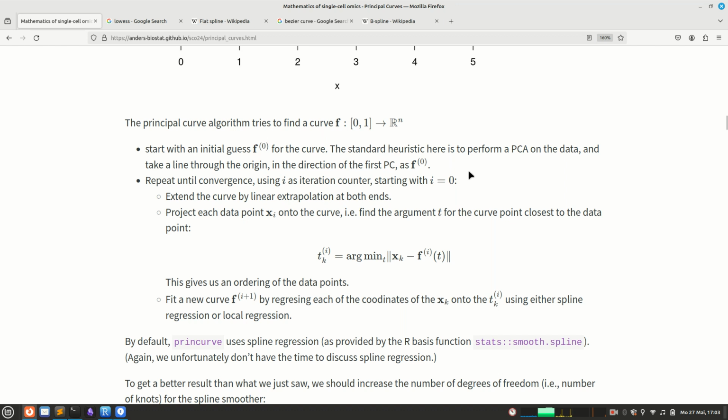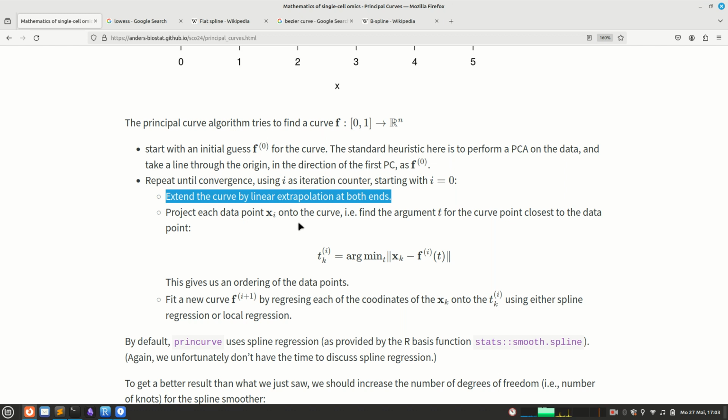But you can use anything else. As usual with all these iterative things, you have to get a good initialization to get the thing started, and then it runs nicely. Now you repeat until convergence the following iterative procedure. First, you extend the curve by linearly extrapolating it off both ends, making it a bit longer.